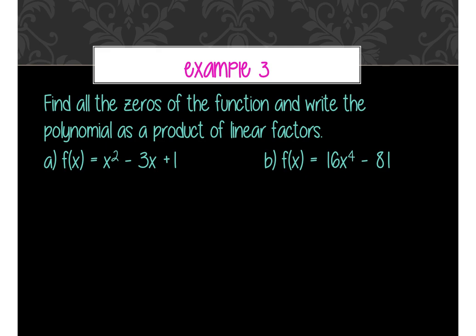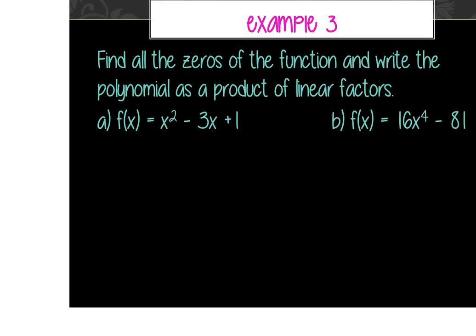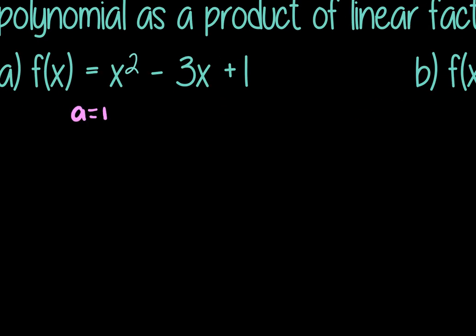All right. Example 3, now we're getting into different kinds of functions. Well, it's still quadratic, but I can't use the even root property on A. x squared minus 3x plus 1, I'd have to use my quadratic. So my a is 1, my b is -3, my c is 1.